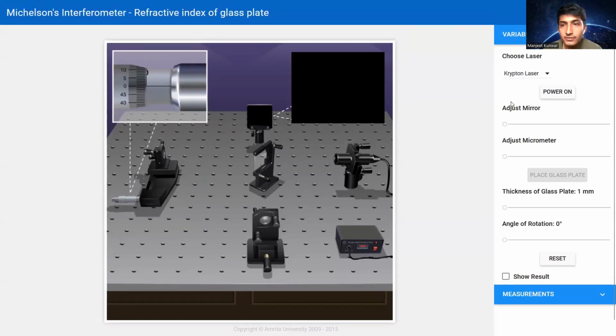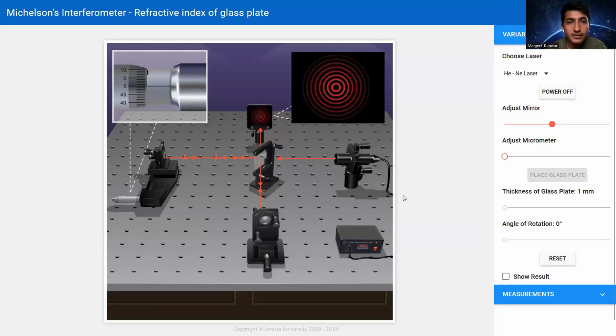First, I'm going to turn on the helium neon laser. There are many laser options, but I'm going to use the helium laser. Let's power on. And we have a very dim beam, so I'm going to adjust the mirror to the right amount to intensify its brightness.